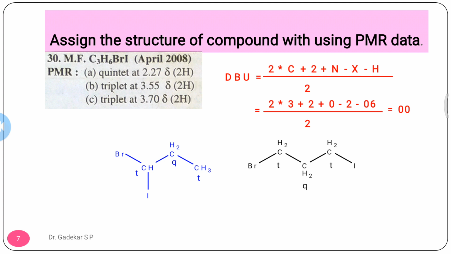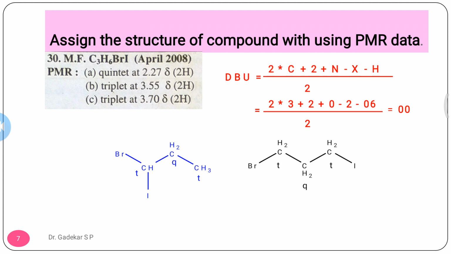So possible structures are the blue colored and black colored isomeric structures, but the given information is only for 2 hydrogens, not 3 hydrogens. Okay, so quintet, 2 hydrogens, it means 4 neighboring protons are present. Quintet, so that's why they split into quintets.